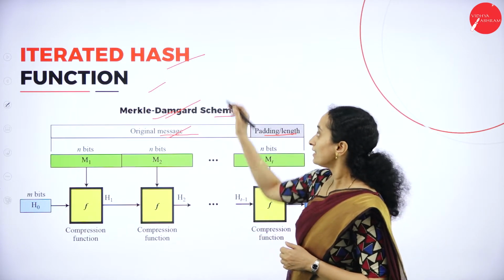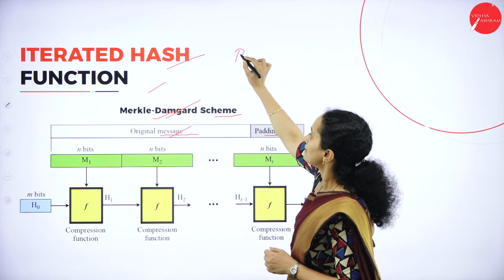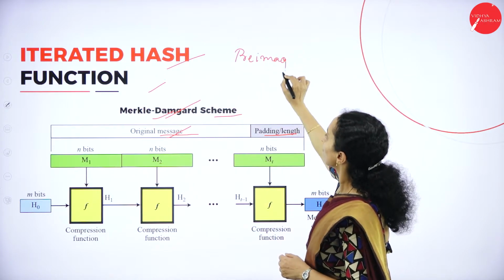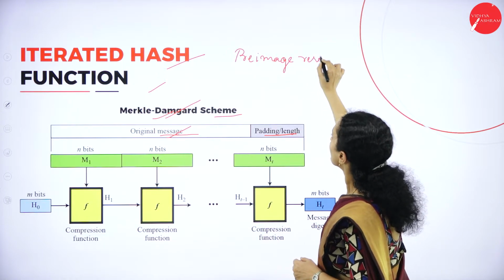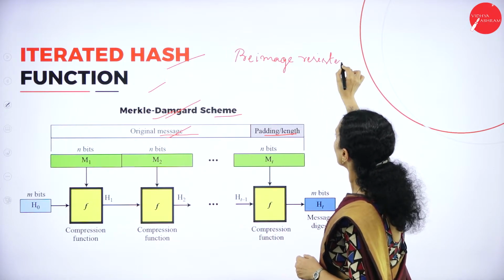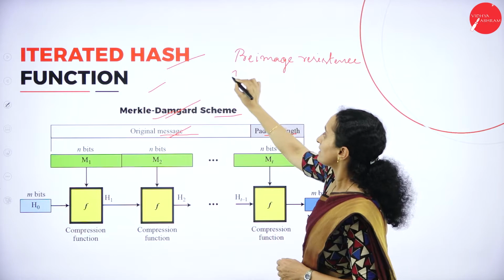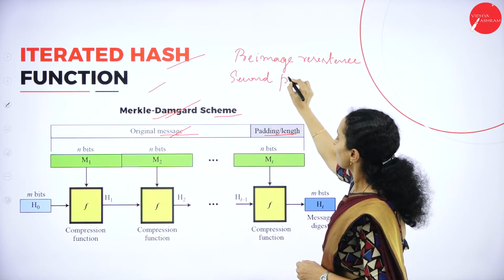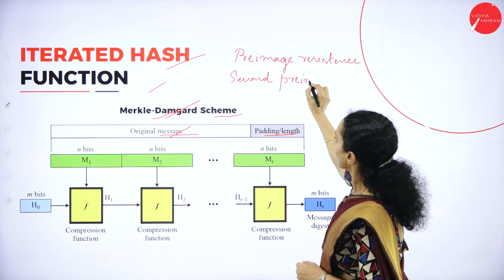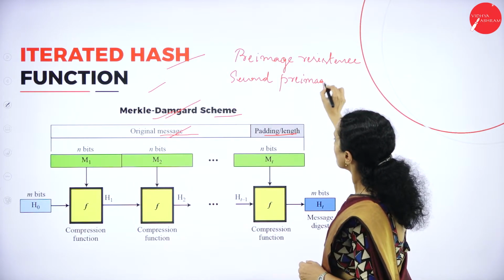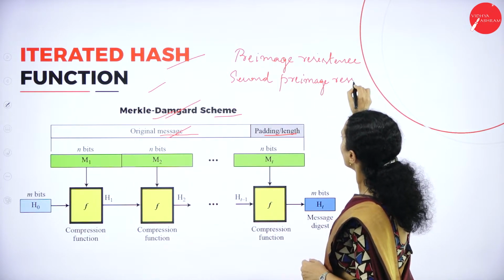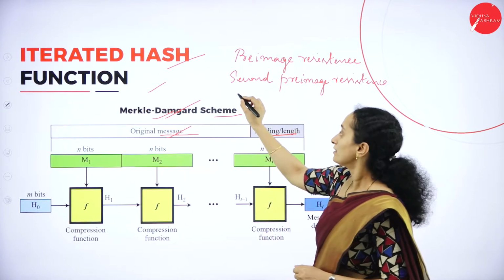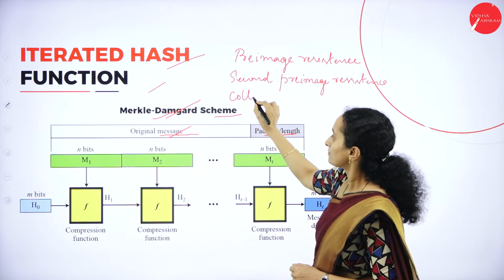So we use these 3 things: pre-image resistance, second pre-image resistance, and collision resistance.